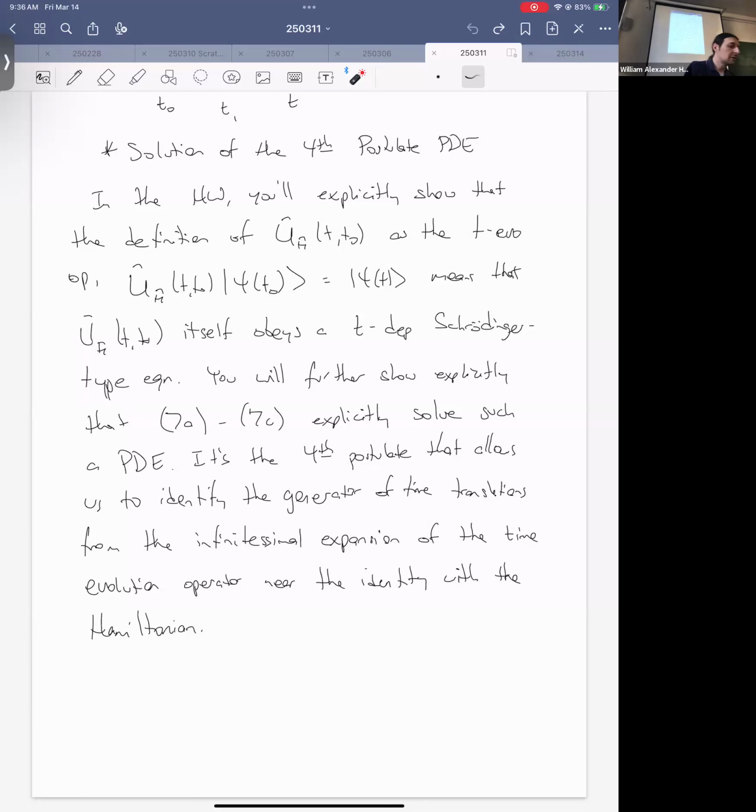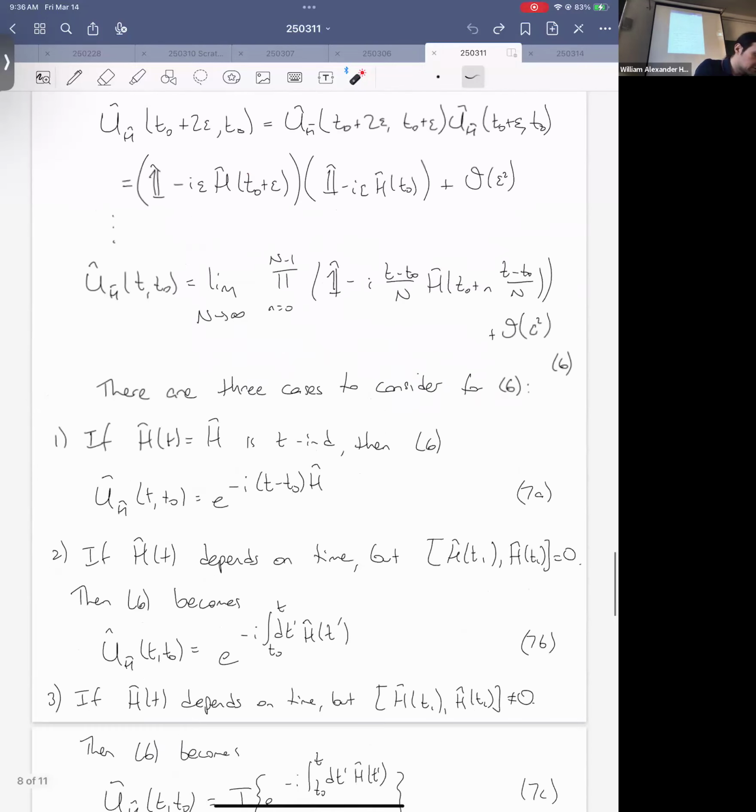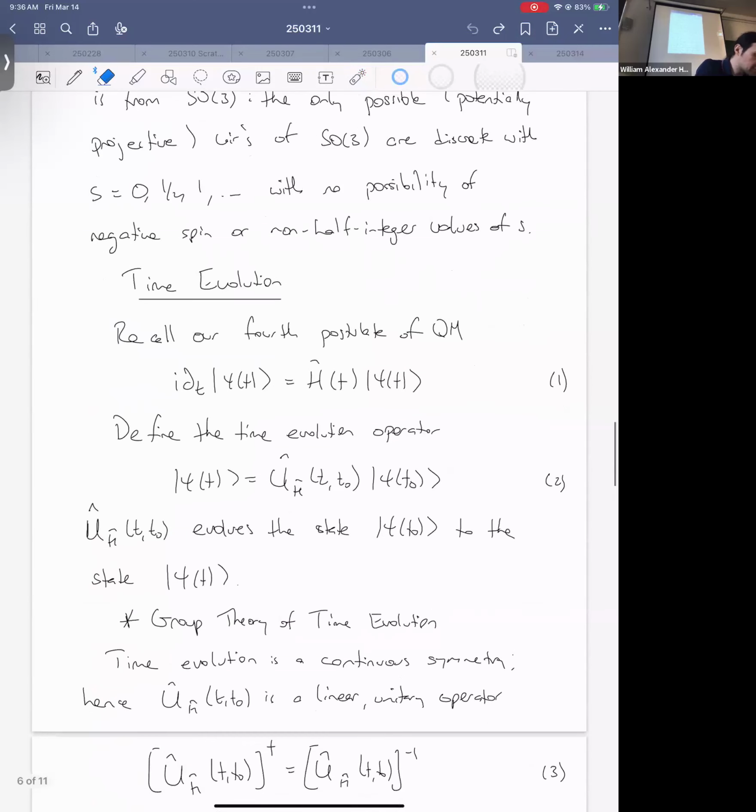You see that explicitly through the fourth postulate of quantum mechanics, where the theory of differential equations tells you that if you have such a linear partial differential equation, the equation for the time evolution operator, which is i partial t U equals H(t) U, then you have three possible solutions, depending on whether H depends on time, and if it depends on time, whether it commutes with itself.